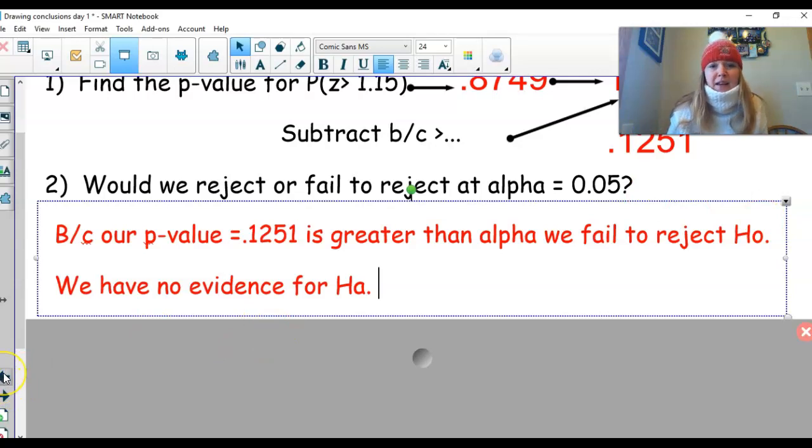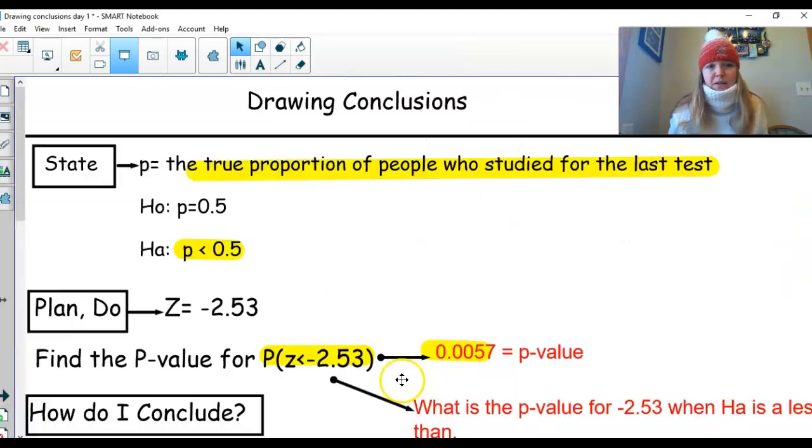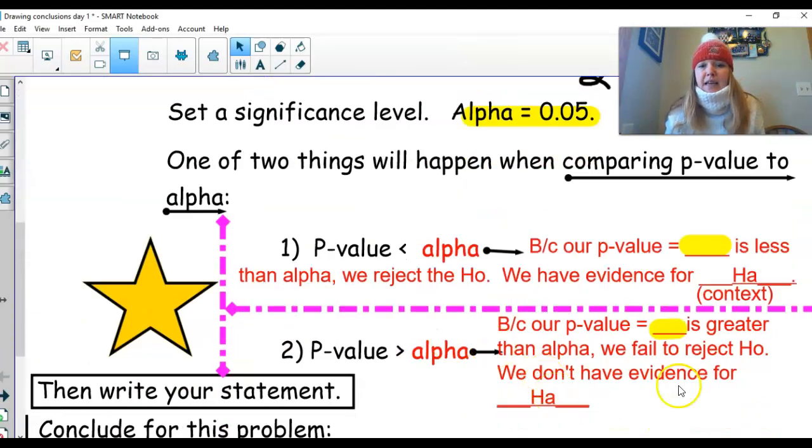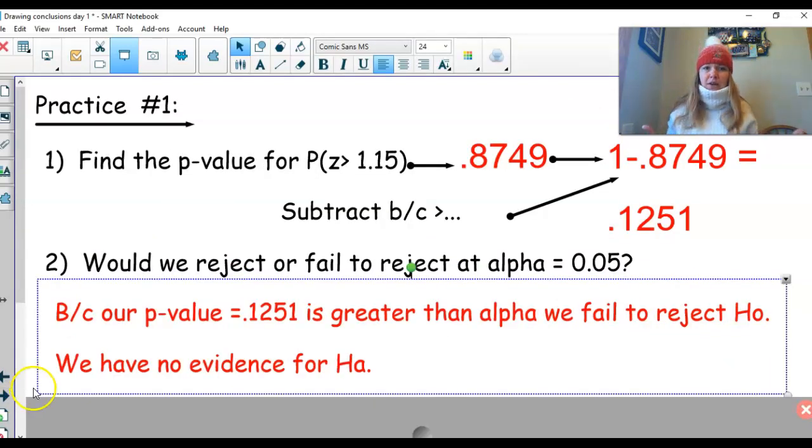Now, we don't have the context, so we can't put it, right? But we're literally just taking this sentence right here. I said we have no evidence, we don't have evidence, same thing, doesn't matter. Okay, we should feel good on this problem about finding the p-value and deciding if we would reject or fail to reject based off the p-value, comparing it to alpha. Okay, let's move on to the next practice.